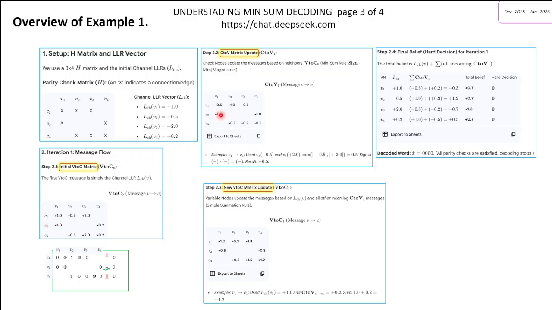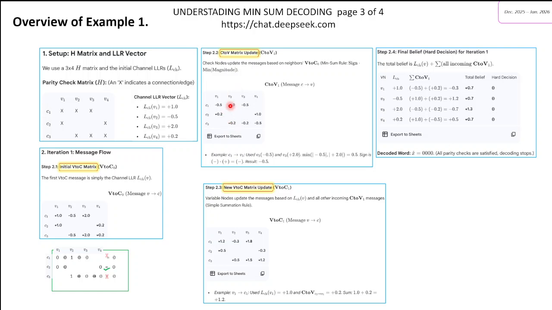Similarly, when we update this in the V2C matrix, we use the channel LLR here, which is +1, and +1 when added with the other column entries at the other check nodes will give you the correct value. So +1 minus 0.5 will give you +0.5. Similarly, to update this value, we'll take the channel LLR and add the other check nodes' information.